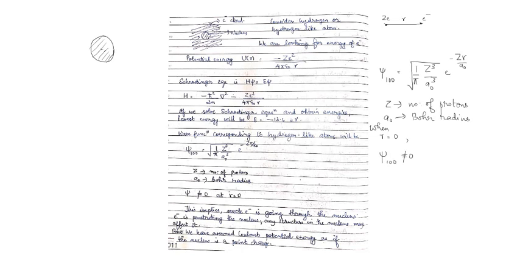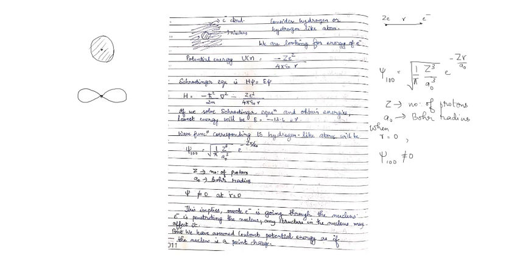But when it comes to the p orbital, you see that its shape is like this. It is 0 at the position of the nucleus. Whereas the 1s orbital probability density was spherical in shape, the p orbital is dumbbell in shape, and at the location of the nucleus the probability density was 0.